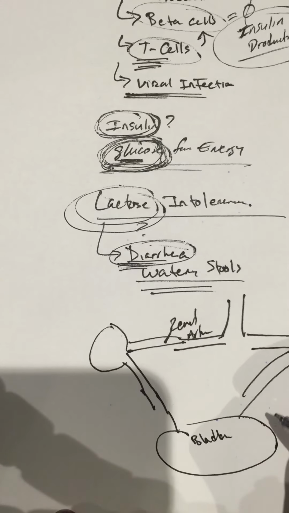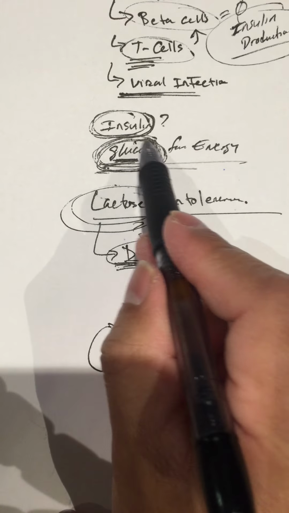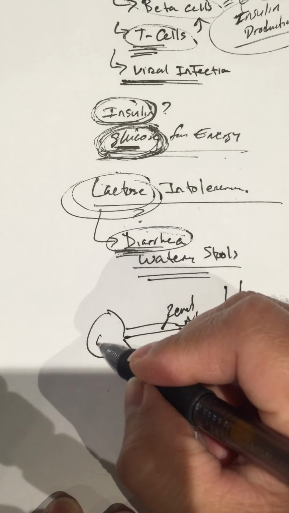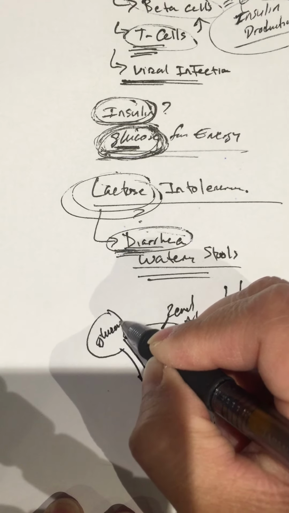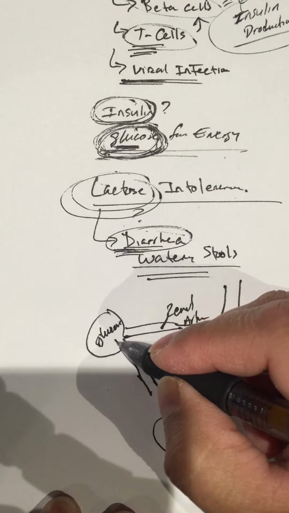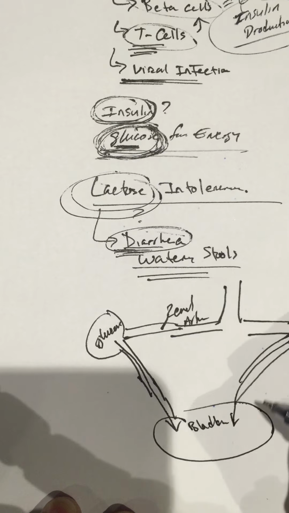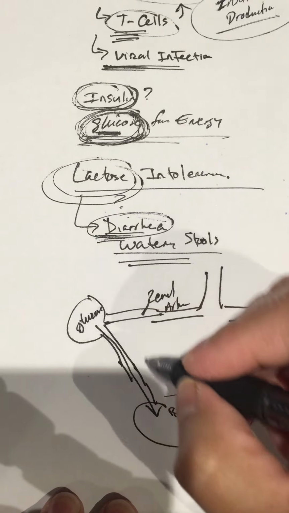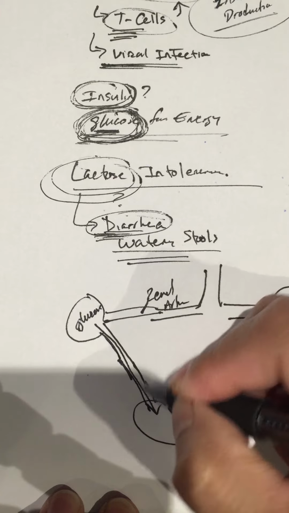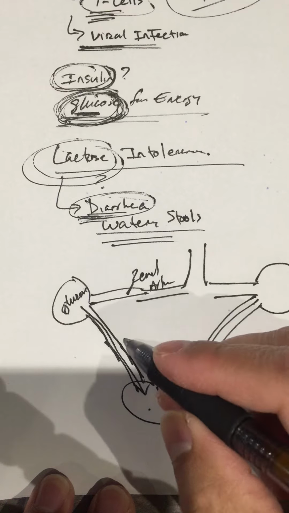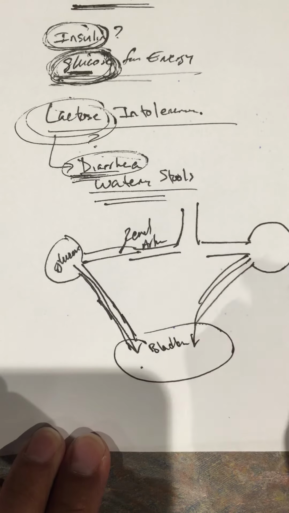Again, you have no insulin production, therefore you cannot absorb glucose. So glucose is going to be filtered by your kidneys, and you're going to dump it into your bladder. Water will also follow, so you're going to have large amounts of water in here, because water is going to follow the glucose molecules.